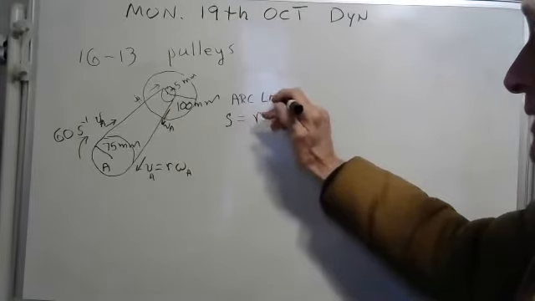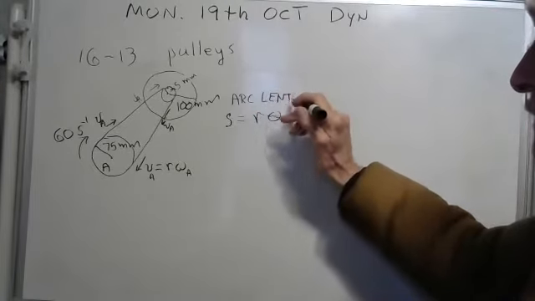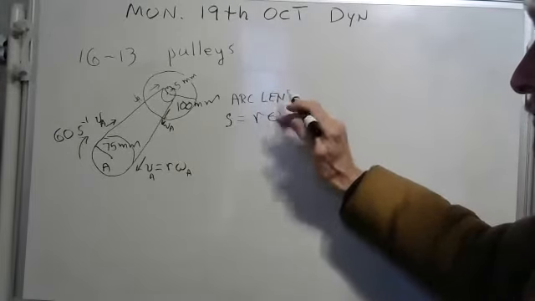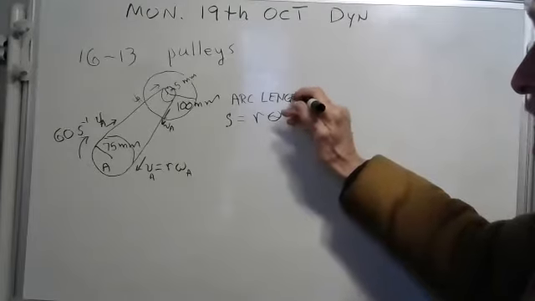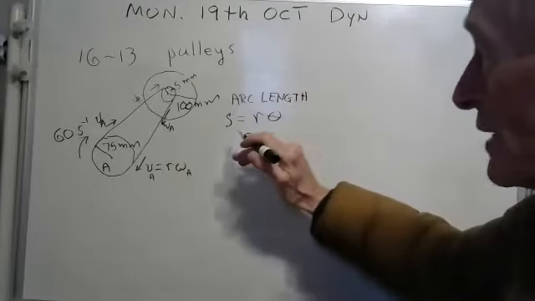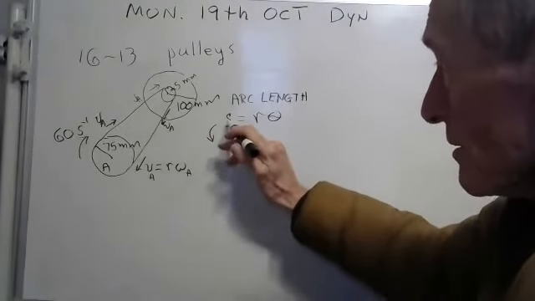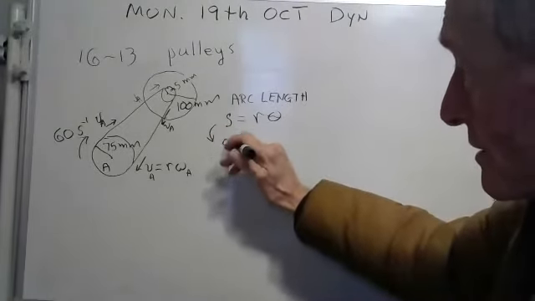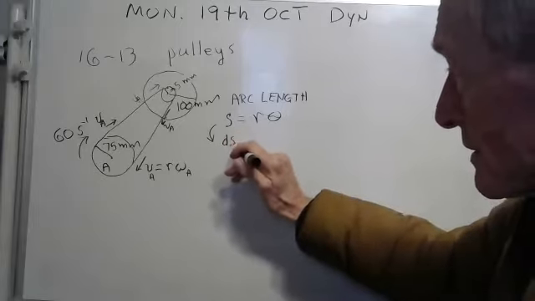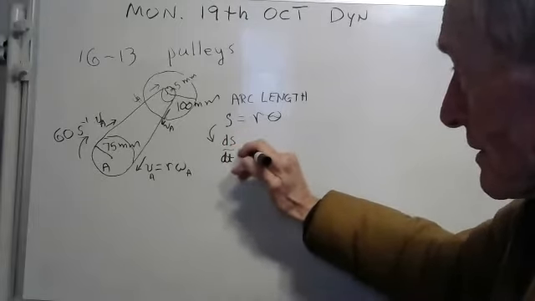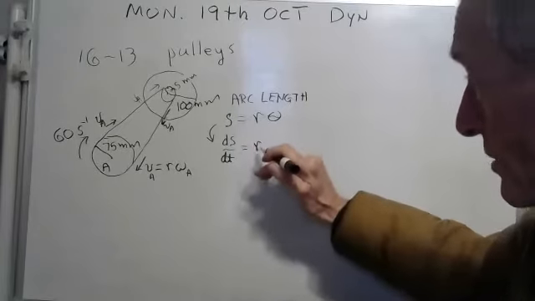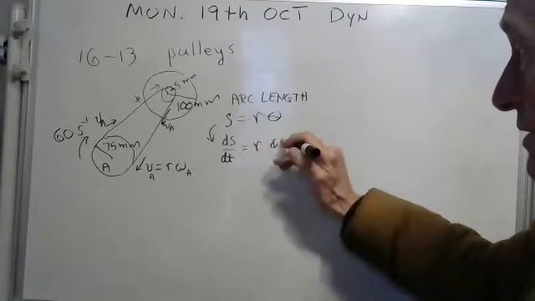It's the arc length formula. And if you take the derivative of it, you get ds dt. R is just going to be a constant, and you get d theta dt.